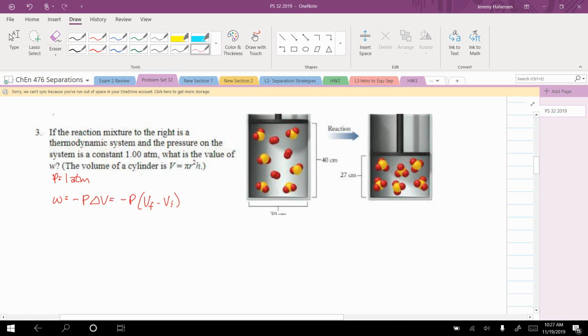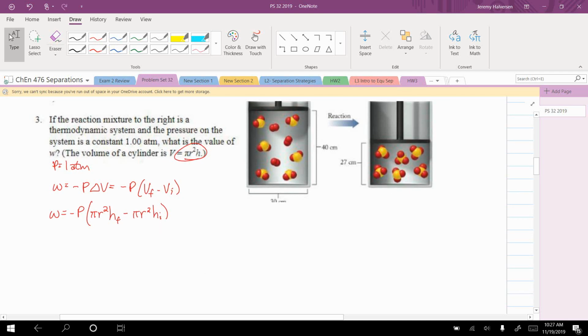Okay, so now I have to calculate these two things. Fortunately, they give me an equation for volume, so I could say work equals negative P times pi r squared h final minus pi r squared h initial. I just put the final and initial on the h because the radius is not changing and pi is not changing. So if I want to now solve for work, I would have work equals negative 1 atmosphere times pi.